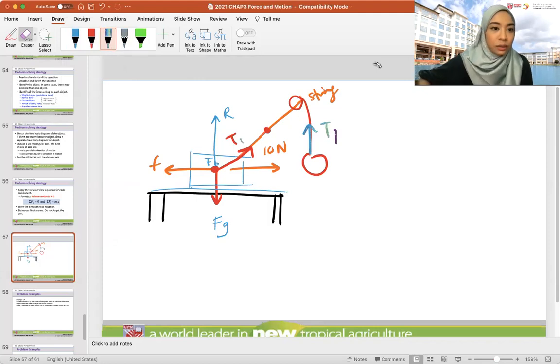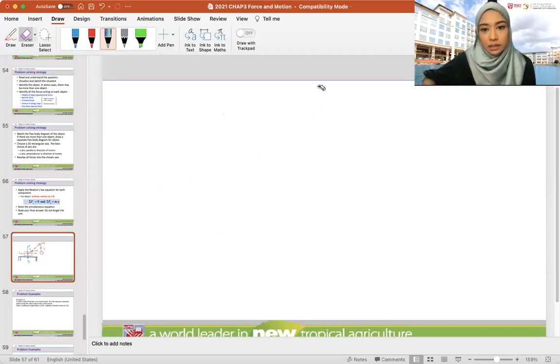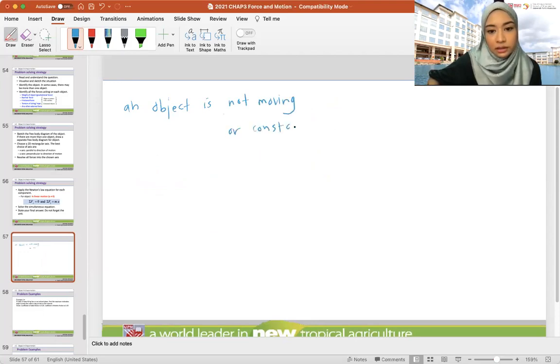And what else? We talked about equilibrium of forces. This one I'll go a bit slower because we just learned it. So when they say an object is not moving, or in constant velocity, not moving meaning your v is equal to 0.